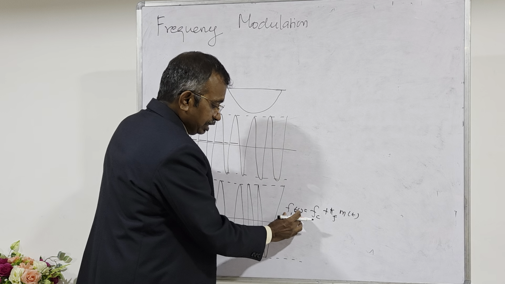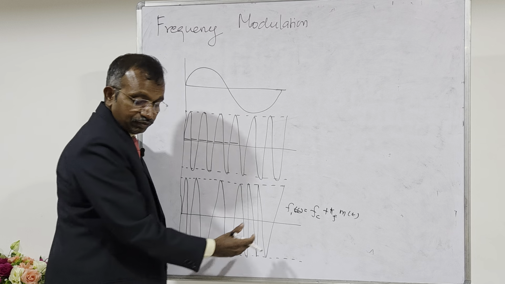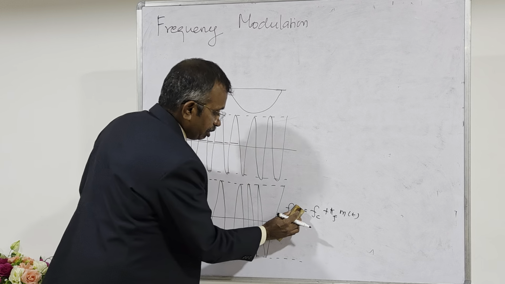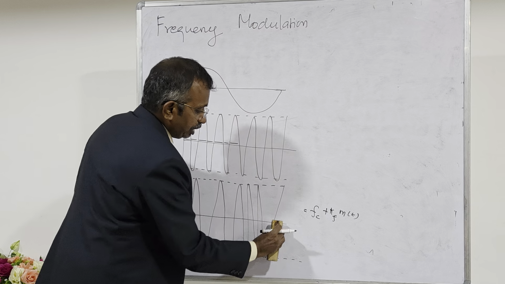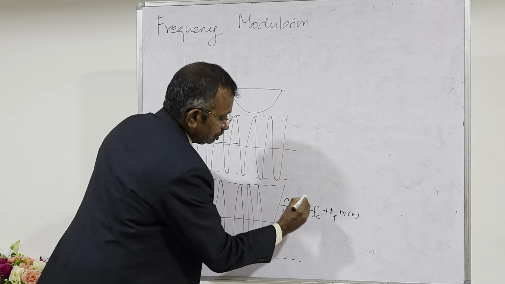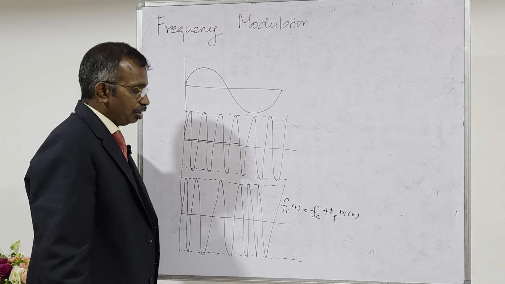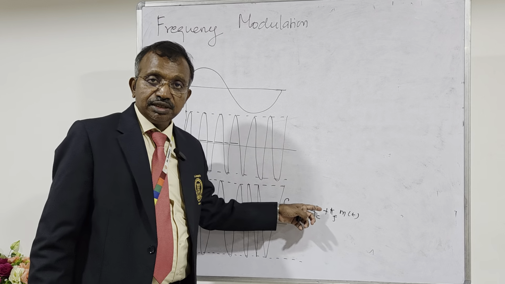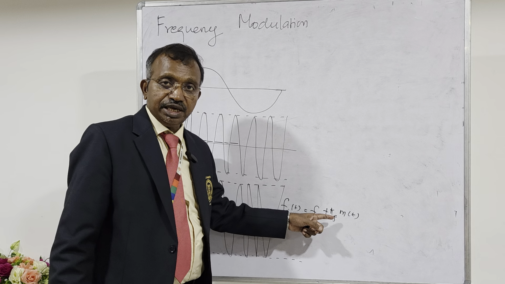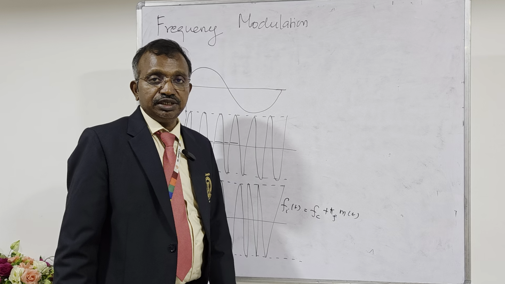Therefore, the instantaneous frequency of the signal is Fi of t equal to Fc plus Kf into m of t, where Fc is the carrier frequency, Kf is the frequency sensitivity and m of t is the message signal.